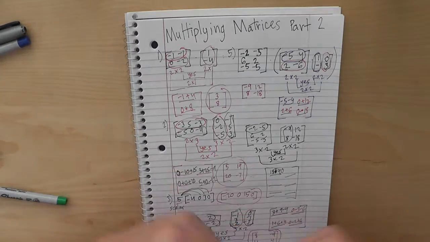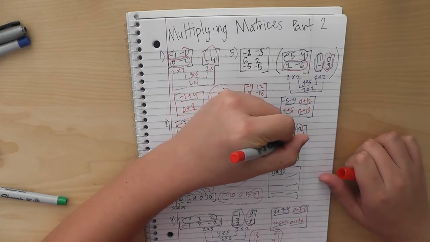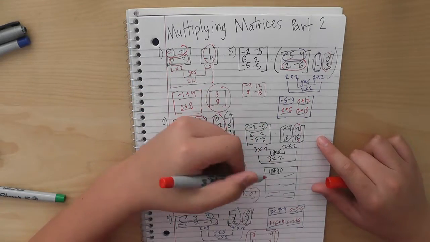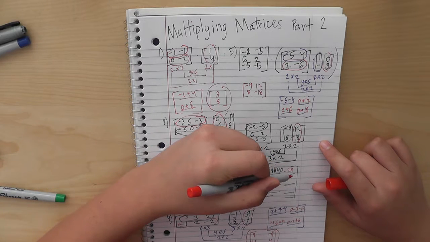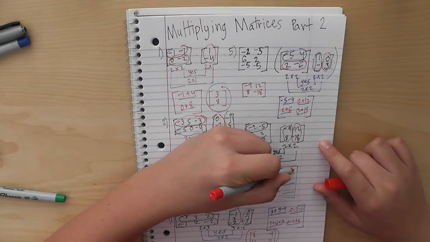The first row by the second column, -2 times 12 is -24 plus -5 times -18, which is 90.